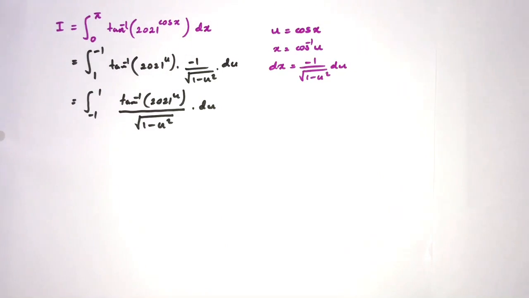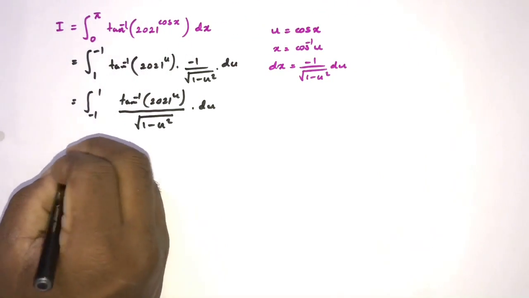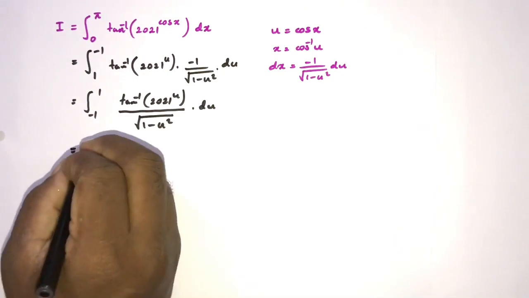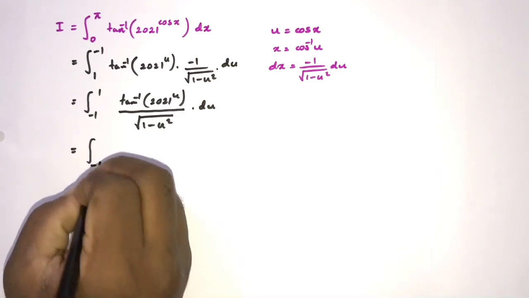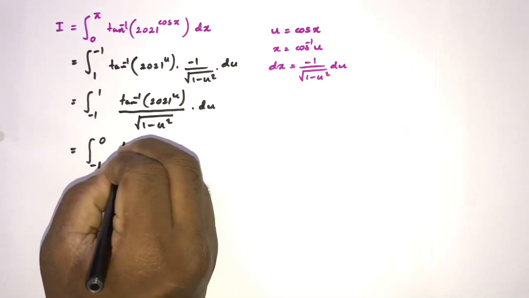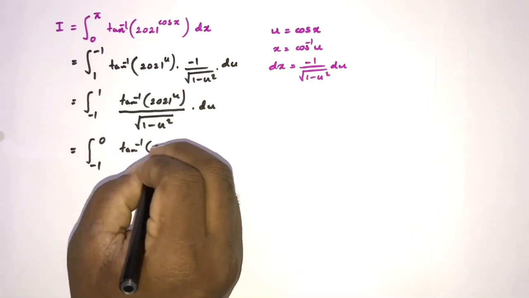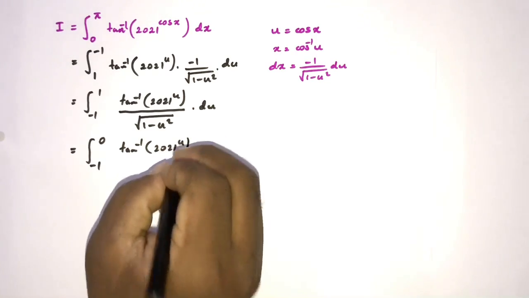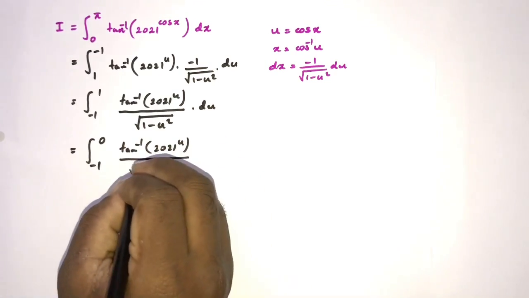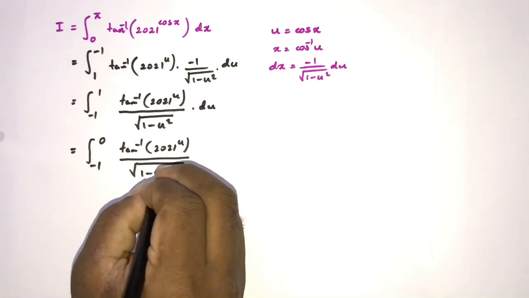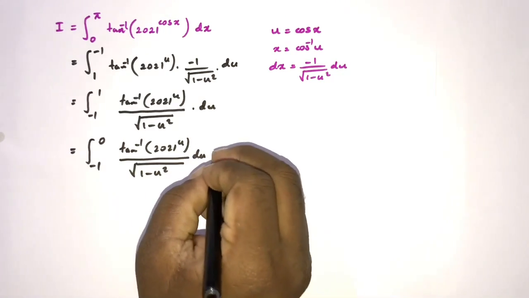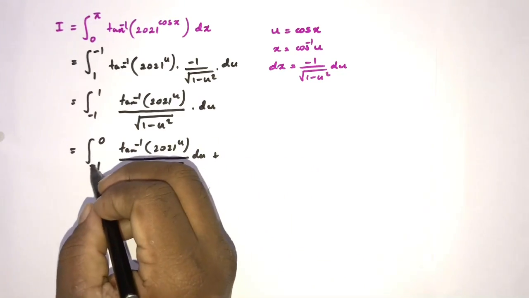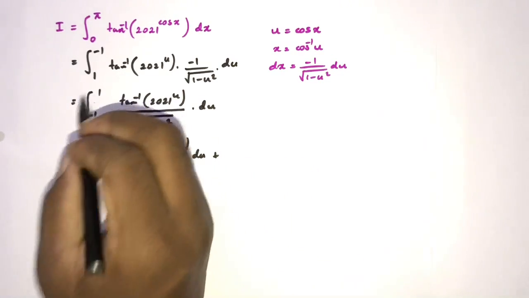Well, then I am going to split the limit, like minus 1 to 0 inverse tan of 2021 raised to the u over the square root of 1 minus u square du, plus then 0 to 1.